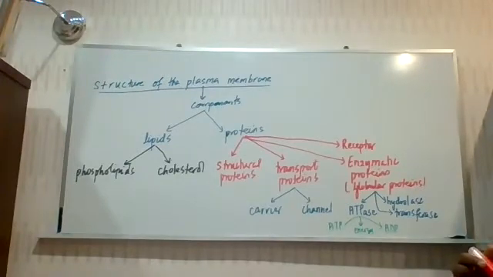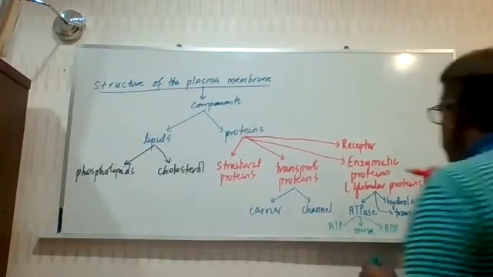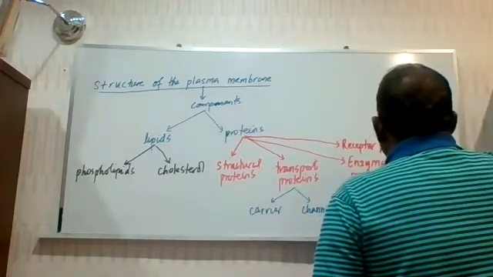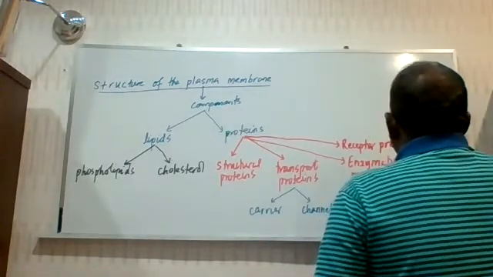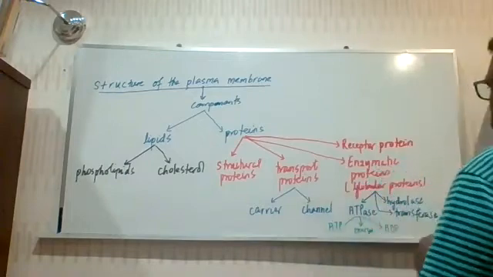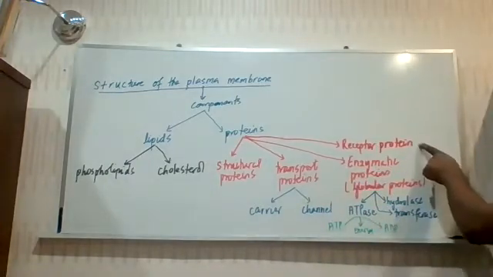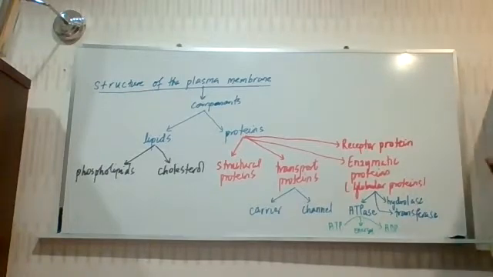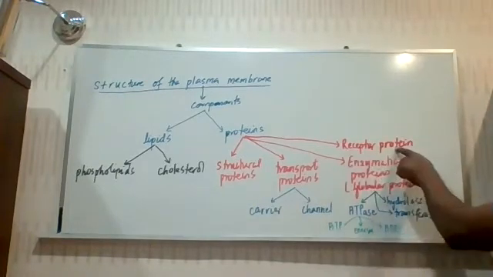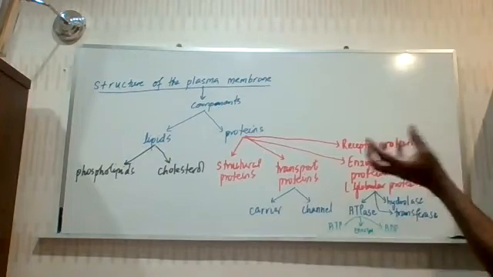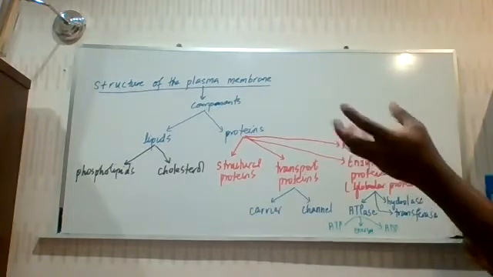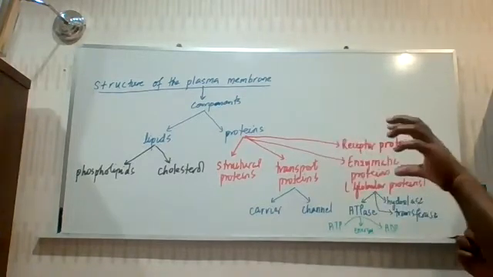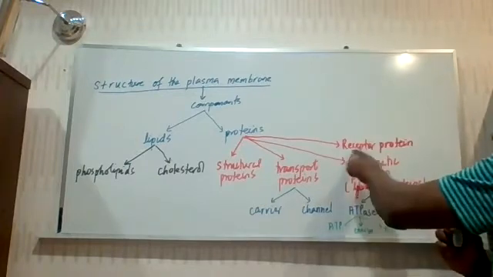Receptor proteins trigger certain biochemical reactions. For example, a neurotransmitter is found in the interstitial fluid. The neurotransmitter goes and binds to the receptor protein.